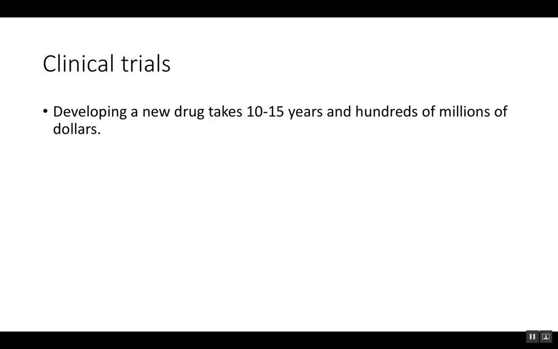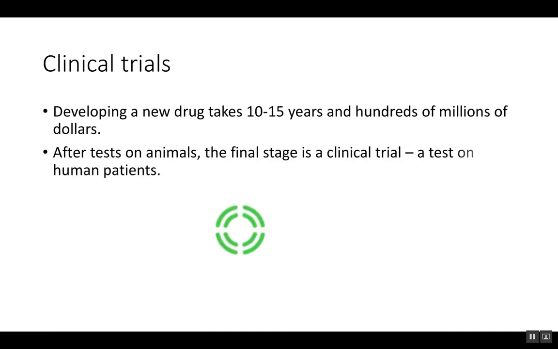Clinical trials are an important way in which we really see causation. Developing a drug takes 10-15 years and hundreds of millions of dollars. After testing on animals, the final stage is a clinical trial, a test on human patients.